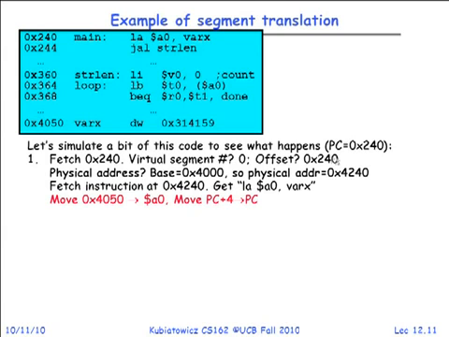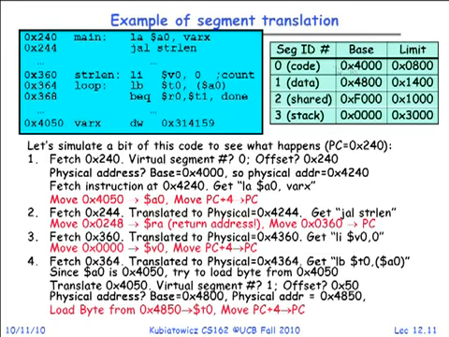The way we know that is there's 2 bits of 0 up here, and the rest is 240. Then we look it up in the table and see that, because we're virtual segment 0, the base is 4,000 and the limit's 800. Since the base is 4,000 and the offset's 240, we add those together, and that gives us 4240. That's a physical DRAM address, which we're now going to look up.